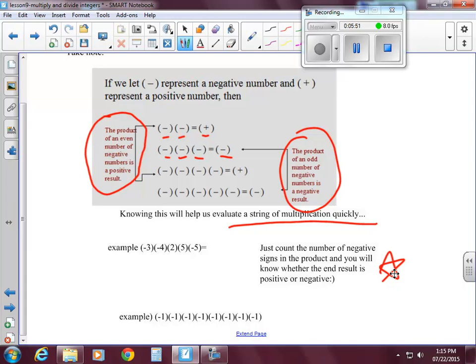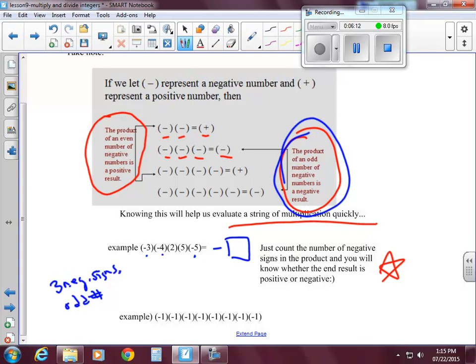So I see a string of multiplication, right? 1, 2, 3. I see 3 negative signs. Note to self, that's an odd number of negative signs. So I know from the get-go the end result, see, the product of an odd number of negative signs is negative. Now all I have to do is focus on multiplying the absolute values of the factors themselves, the positive form of the numbers.